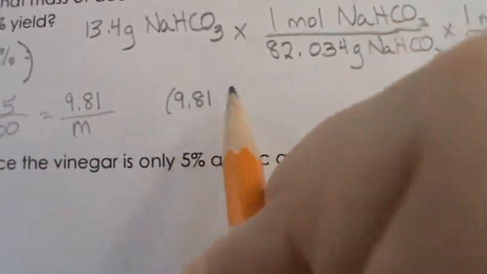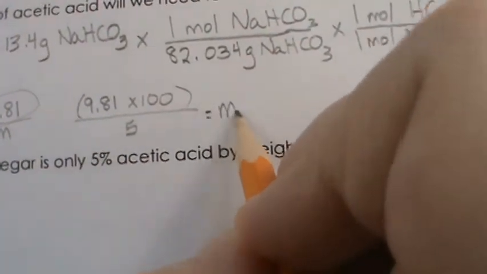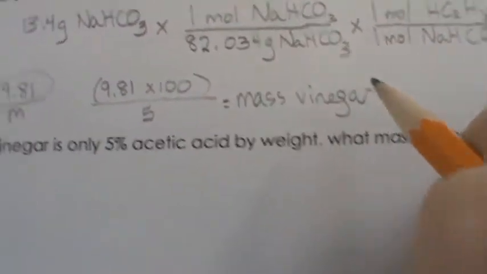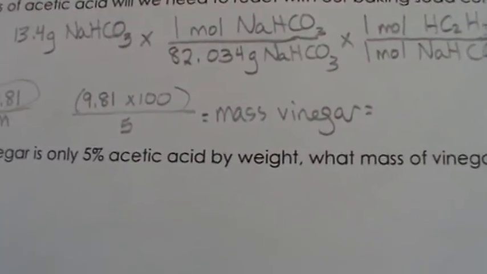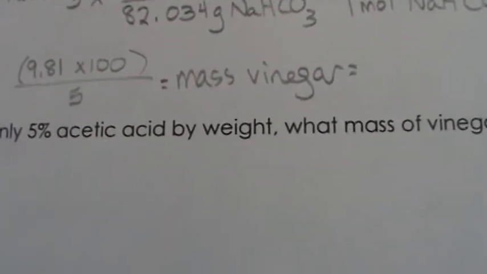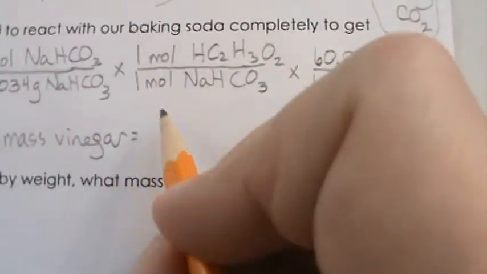The way I solve this is 9.81 times 100 all over 5, that cross multiplication of proportions, equals the mass of my vinegar. So 9.81 times 100 divided by 5 gives me 196.2 grams of vinegar.